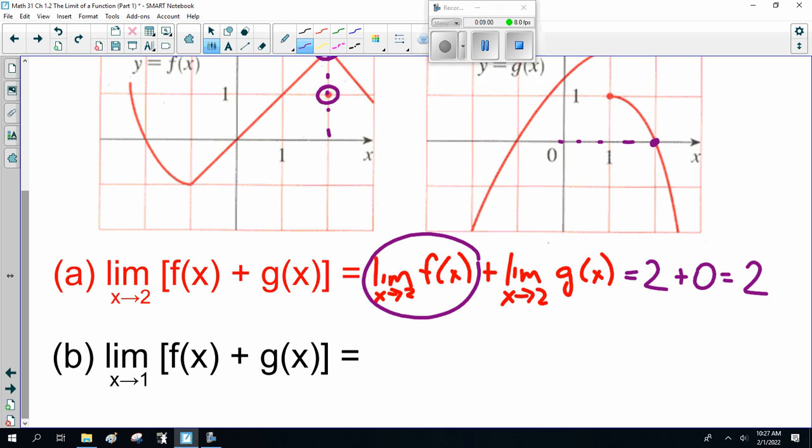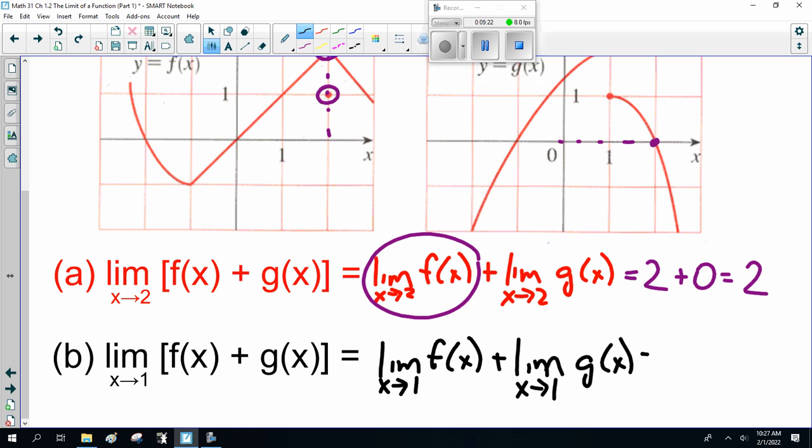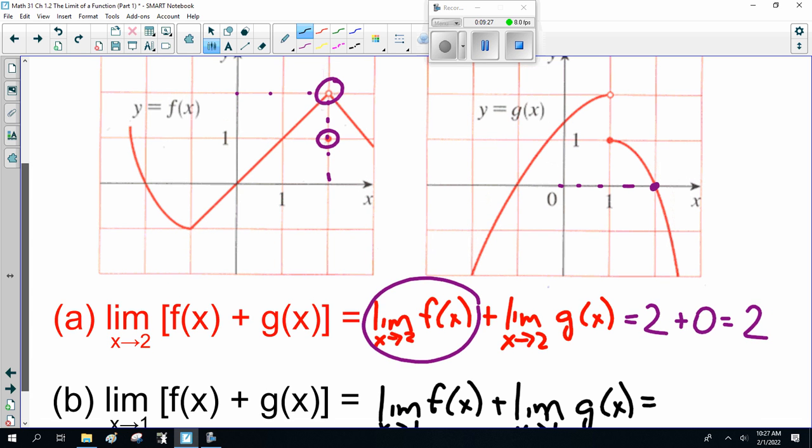Now let's look at the next one. The limit as x approaches 1 of f of x plus g of x, we rewrite as the limit as x approaches 1 of f of x plus the limit as x approaches 1 of g of x. When x is 1, f of x is approaching 1.